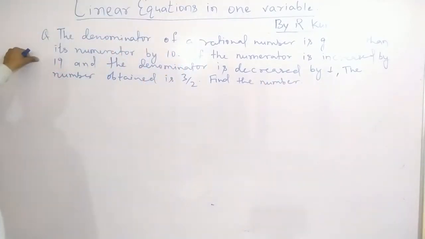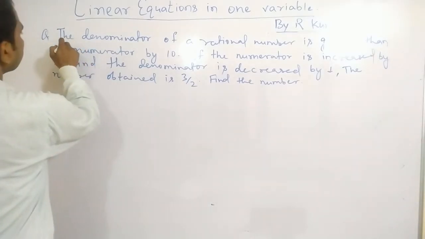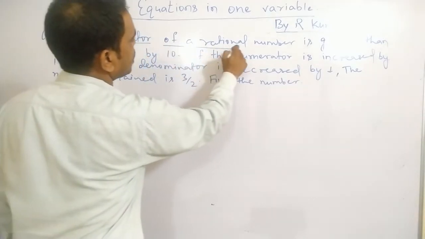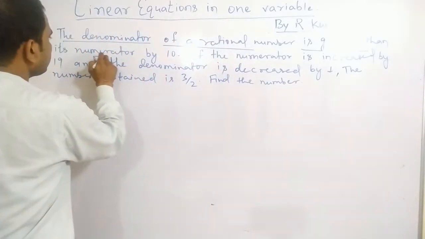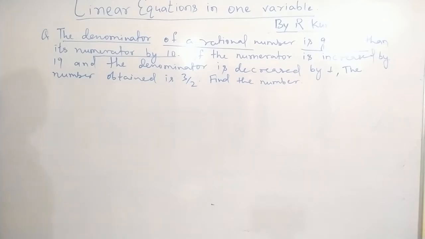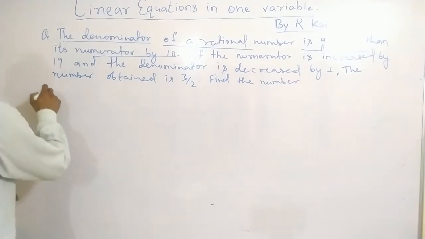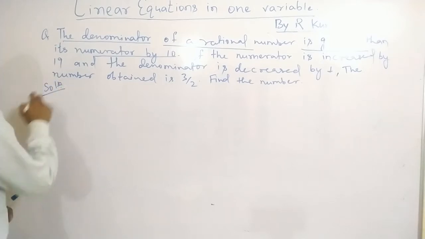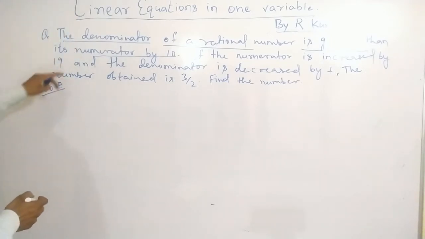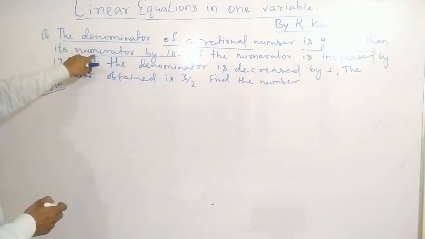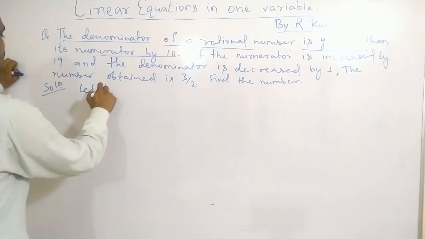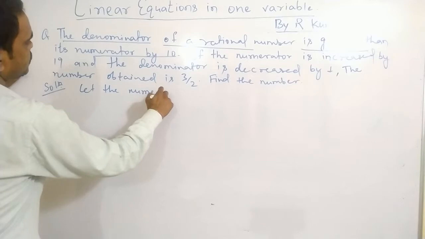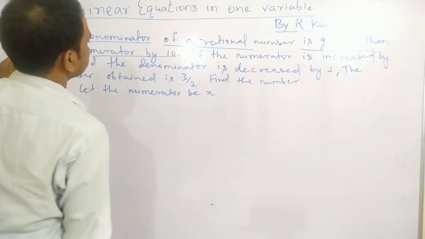So here we have a question. First of all, we will read this question carefully. The denominator of a rational number is greater than its numerator by 10. Once again, find out what we need to consider. The denominator is 10 more than the numerator, so let the numerator be x.